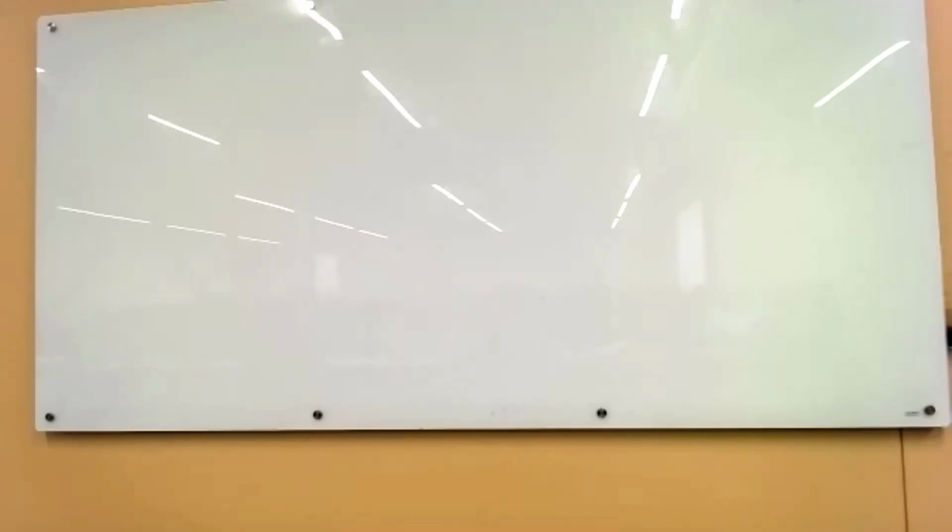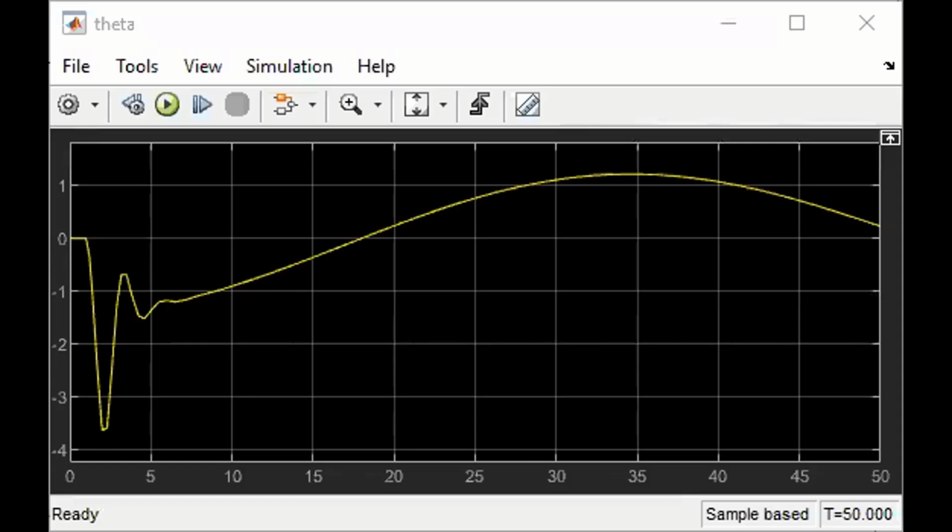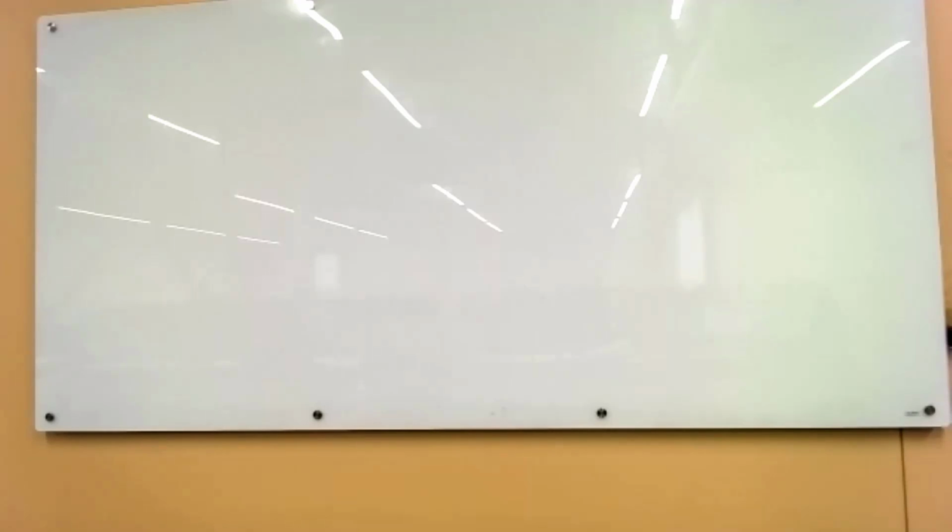Here's the theta plot. Notice in the theta plot, we see the short period mode, and we see this longer mode, the Phugoid mode. That's the low frequency, long period mode, Phugoid. So in theta, we see both modes. In alpha, all we saw was a short period.